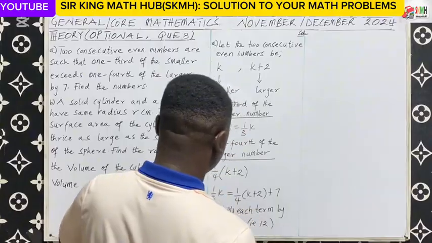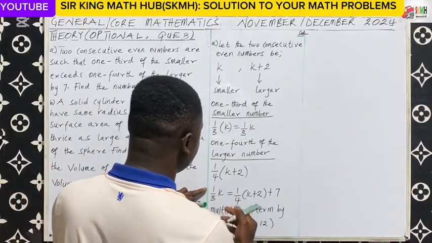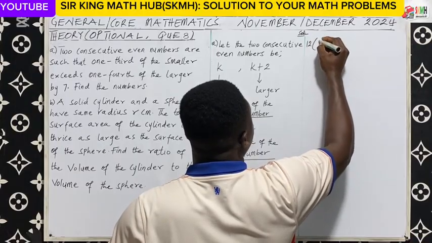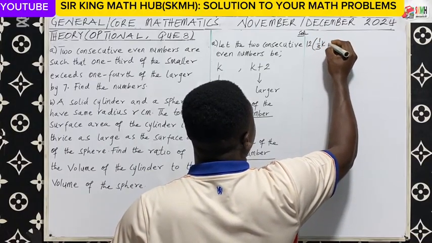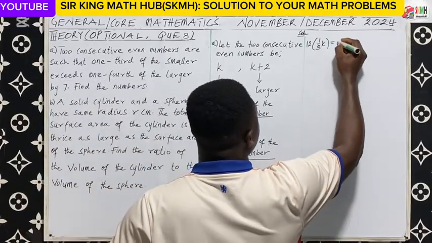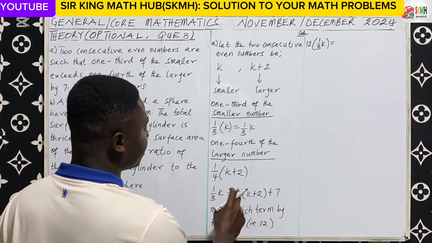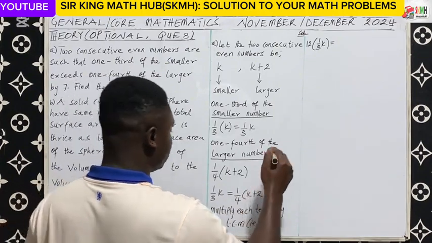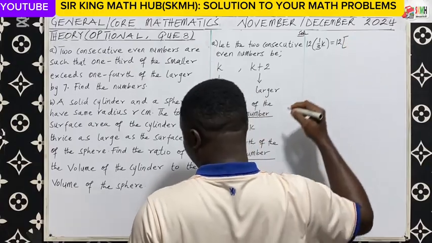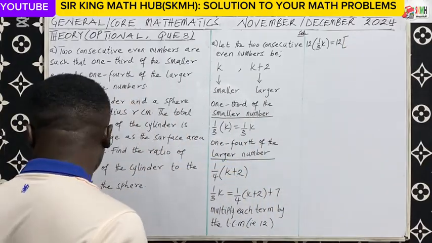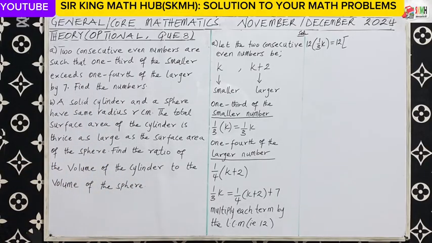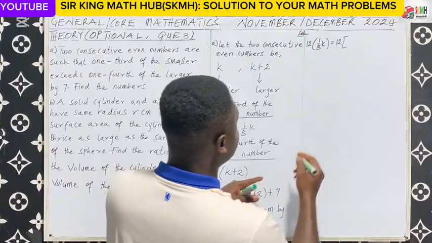So now the first term, we have 1 out of 3k. So we need to multiply the first term by 12. So 12 multiplying 1 out of 3k. This should be equal to the second term. So the second term, we have 1 out of 4 multiplying k plus 2. So we multiply the whole of the second term by the LCM, which is 12.